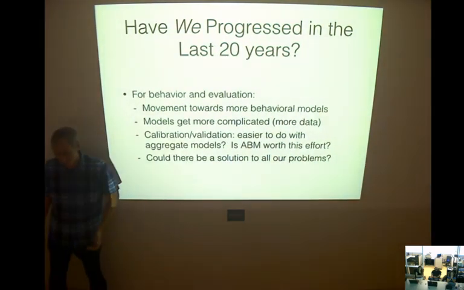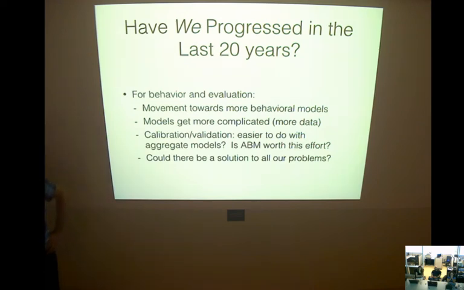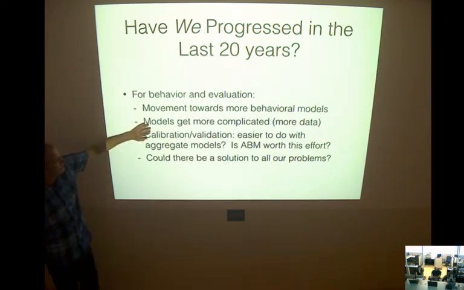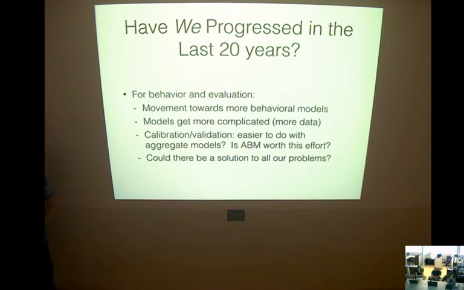So, have we progressed much about data or behavior in the last 20 odd years? I think we have, to some extent. We are now witnessing more behaviors in models, especially using these frameworks, which is nice. The models are also, I think, to some extent getting more complicated and using more and more data.